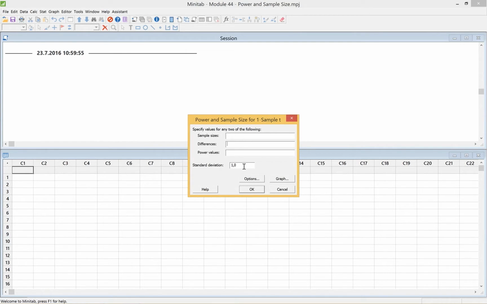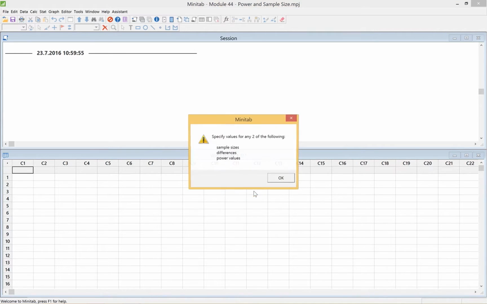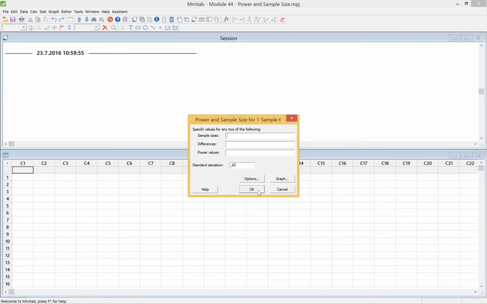If I say, for instance, put in here 0.62 as the actual measured standard deviation, then what this is saying is that I have a measured difference to detect. So if I put in 0.62, that's the same ratio-wise as having the standard deviation at 1.0, and I'll demonstrate that in just a little bit.